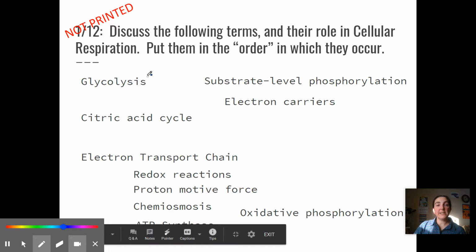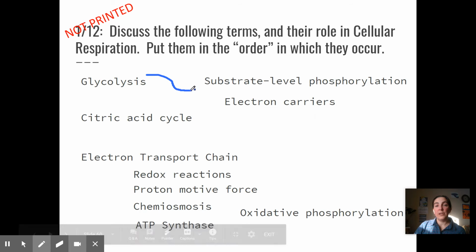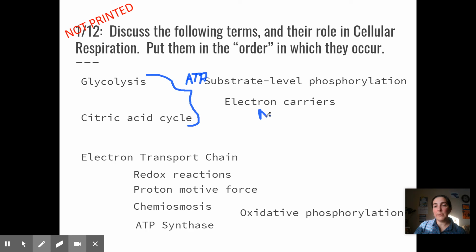So glycolysis and the citric acid cycle produce ATP through substrate level phosphorylation, and they also fill a bunch of electron carriers, primarily that NADH and that FADH2.